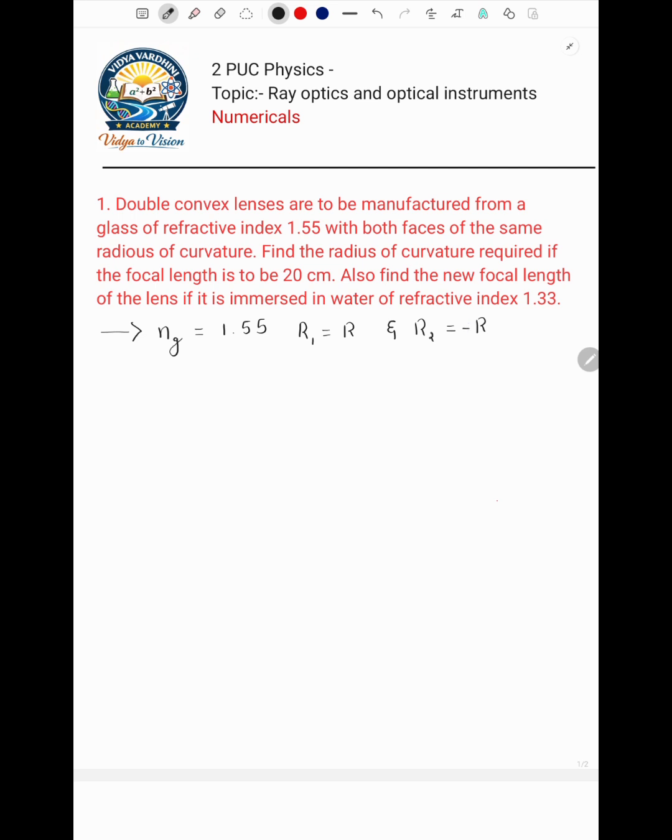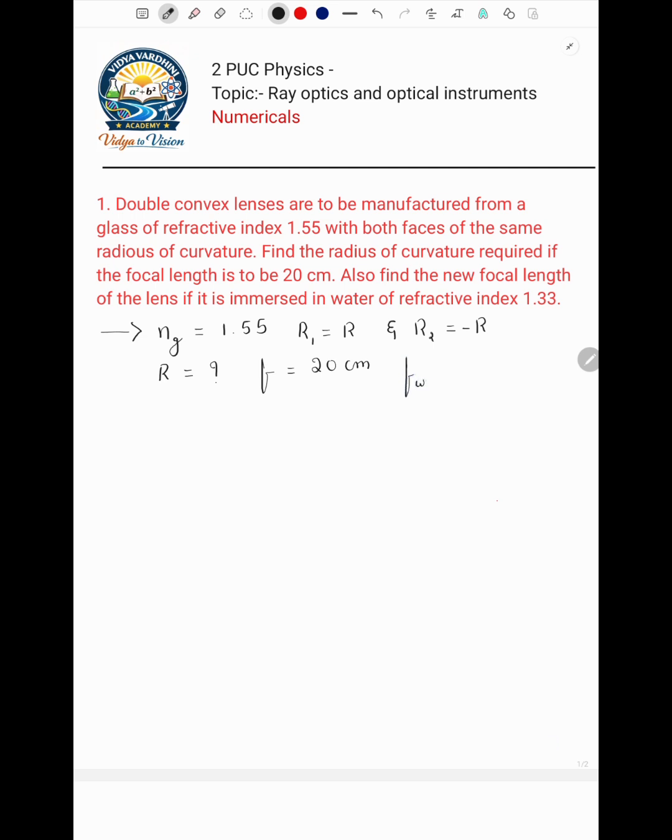Find the radius of curvature required if the focal length is to be 20 centimeter. What we have to find out? We have to find out the radius of curvature, that is r, if the focal length is 20 centimeter. Also find the new focal length, that is, the focal length of the lens when it is immersed in water, F_W, which we have to calculate.